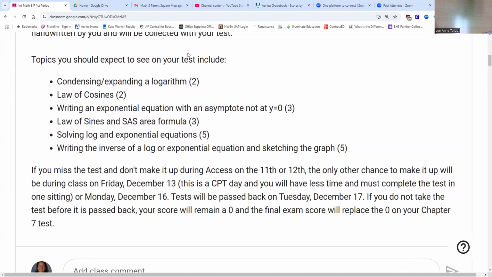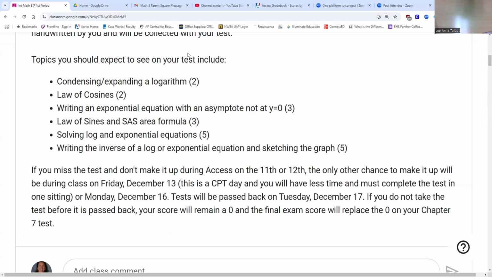And then the 2 5-point questions, solving log and exponential equations. That's just like what was on your quiz. So like, squirrel out of the tree, and then the log equations where you decide if it's multiplication or division. And then the last one is writing the inverse of a log or exponential and sketching the graph.